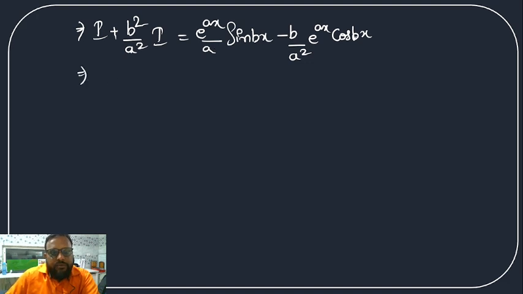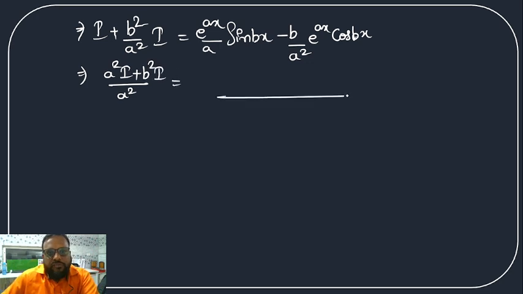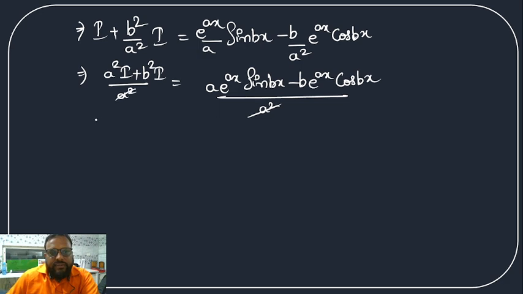Here I will take the LCM of a square. So I am left with a square I plus b square I is equal to, here also I will take the LCM of a square. So I have only one a here. So I will write it as a into e to the power of ax sin bx minus b e to the power of ax cos bx. A square gets cancelled.